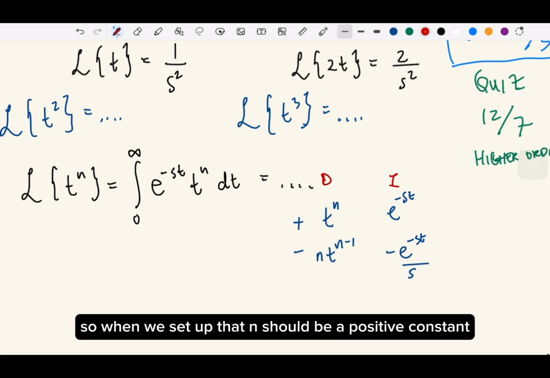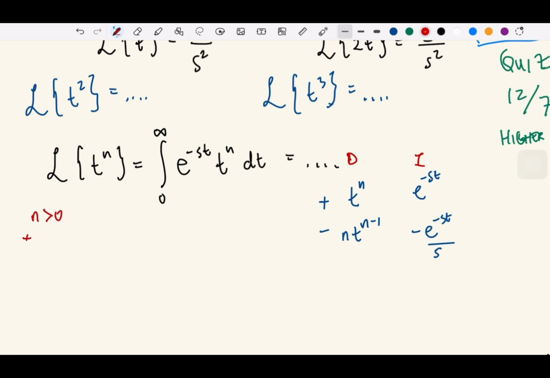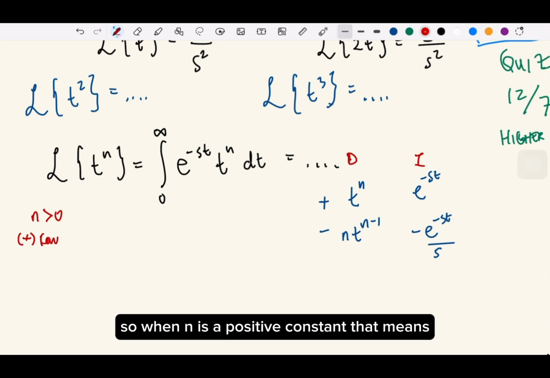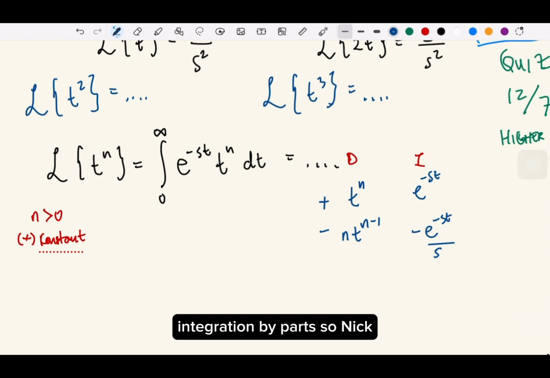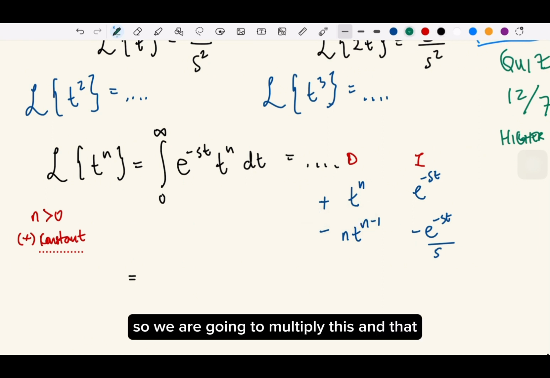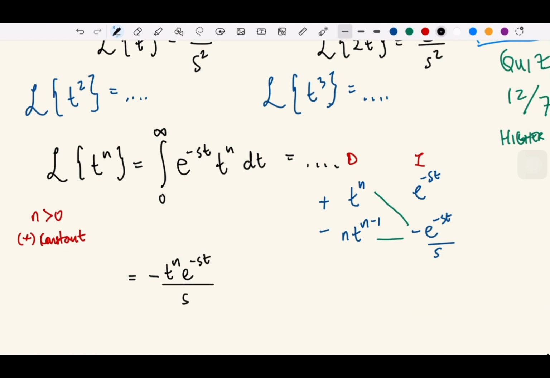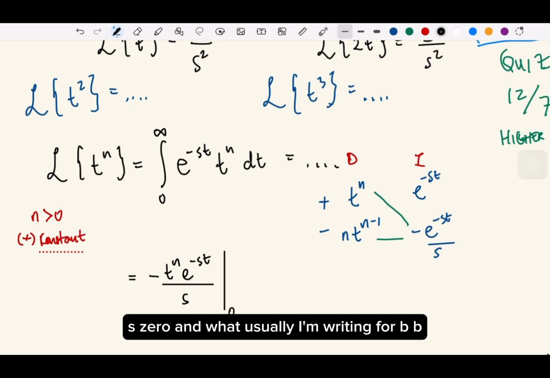So we set up that n should be a positive constant. So when n is a positive constant, that means we are going to use this result of the integration by parts. So we are going to multiply this and that. So negative t to the power of n, e to the negative st over s. This is 0.